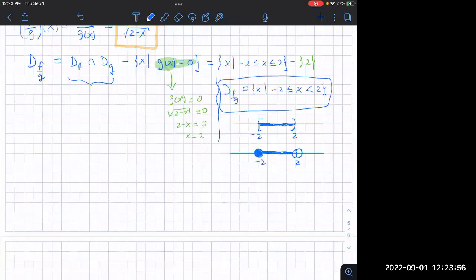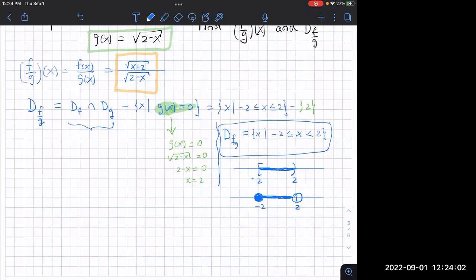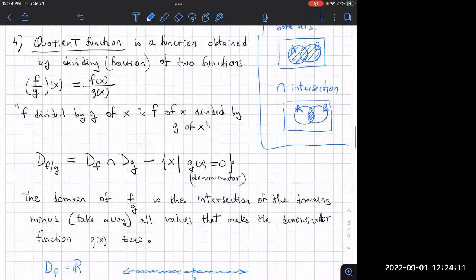At the top where it says domain F intersection domain G minus, where did that minus sign come from? Is that a minus or a dash right there? It is a minus.